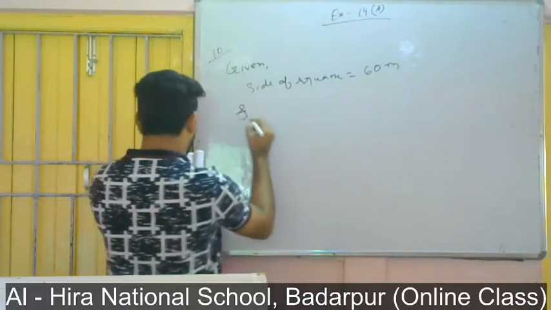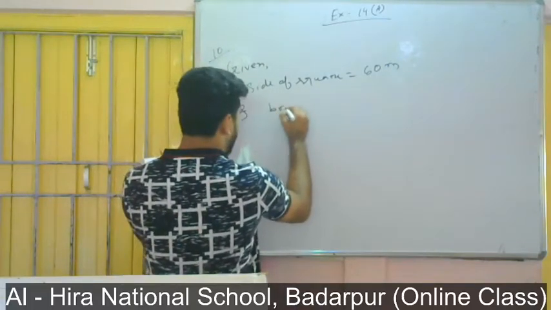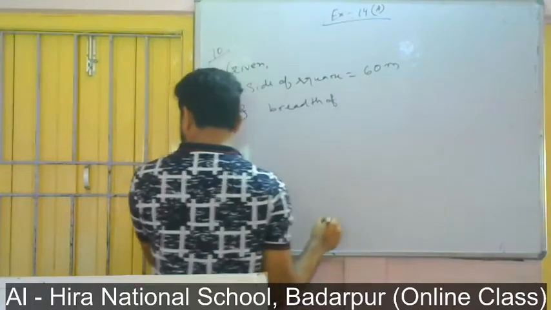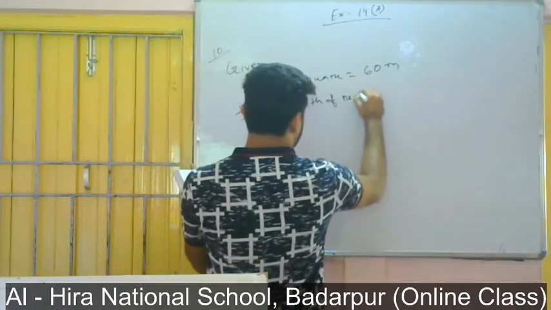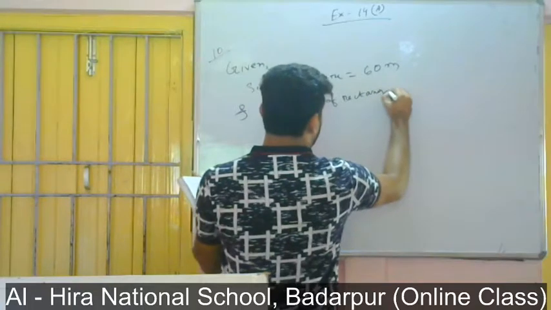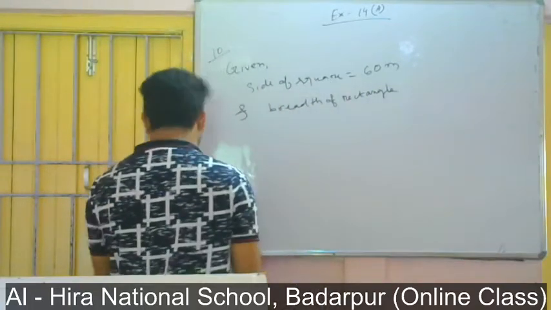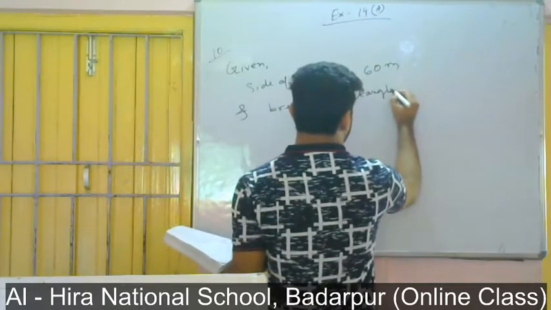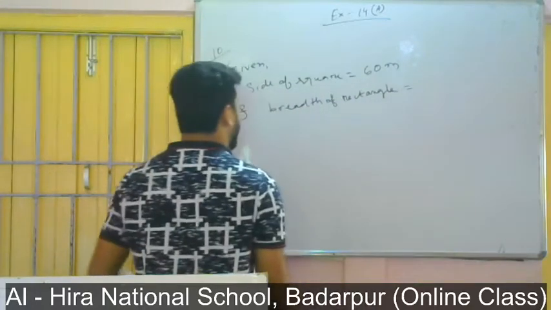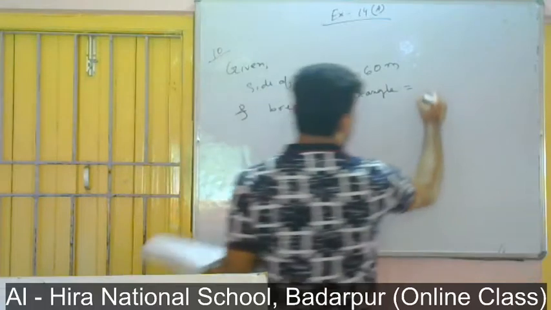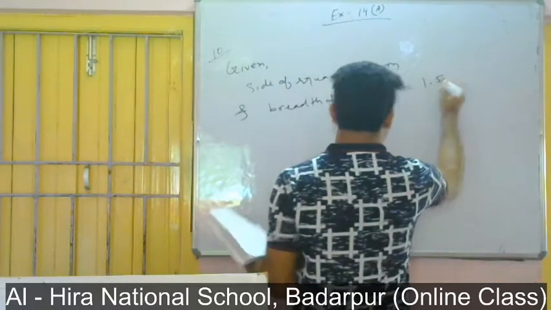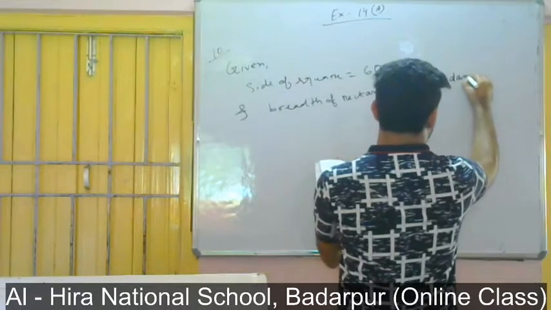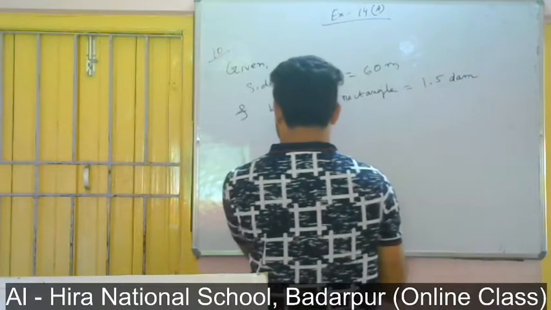And breadth of rectangle, or breadth of rectangular plot, anything you can write. Breadth of rectangle equals to 1.5 dam, or dam, whatever you can say, no problem.